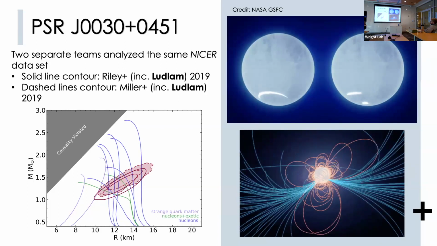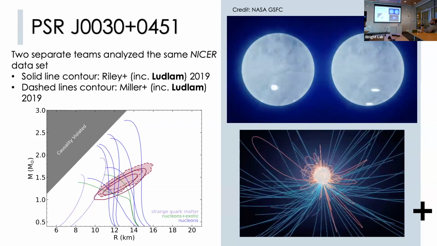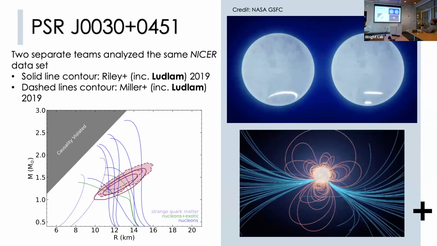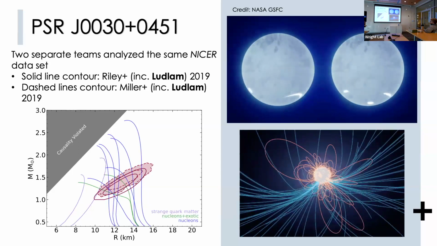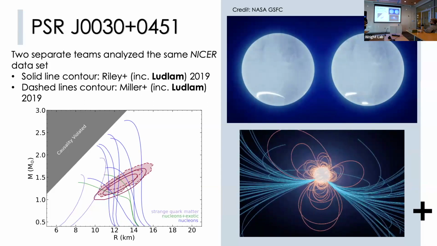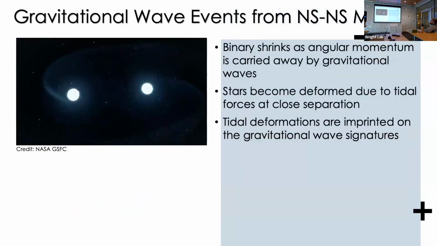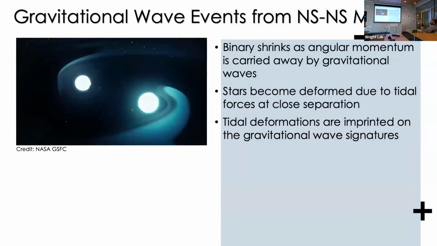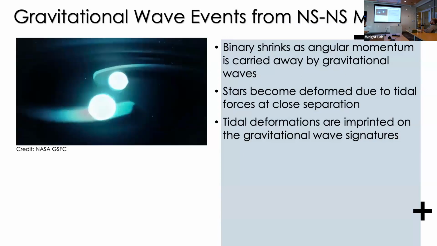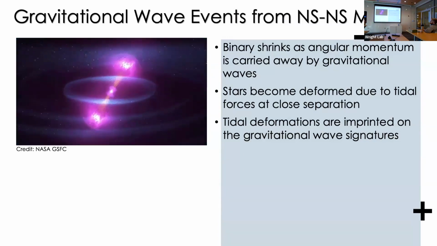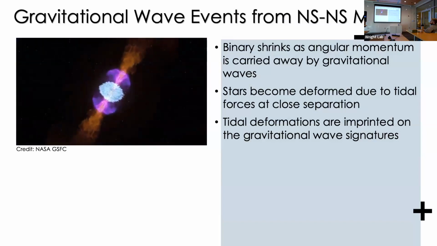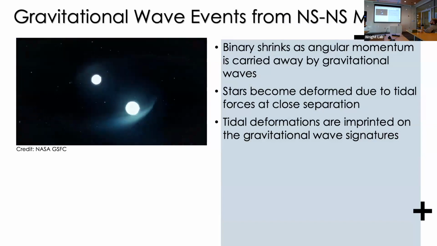So I will show more of the constraints from other pulsars later on, but the other more recent constraints that we have obtained was from using a different methodology, using gravitational wave events from neutron star mergers. So in this case, you have two neutron stars orbiting each other. Your binary orbit is going to shrink as angular momentum is carried away by the gravitational waves at close proximity.